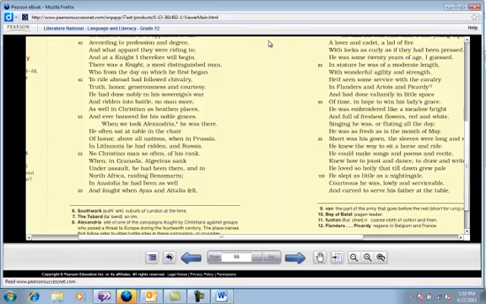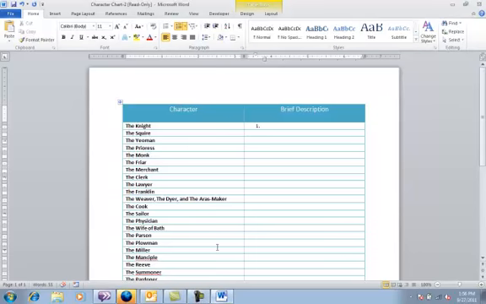So let's find something that we can put on our chart. Well, we know that he has chivalry. He's full of truth, honor, generousness, and courtesy. Those seem like things that we should put on our chart. They're definitely key points about him. So we're going to go to our chart, and we don't even have to put this in complete sentences.